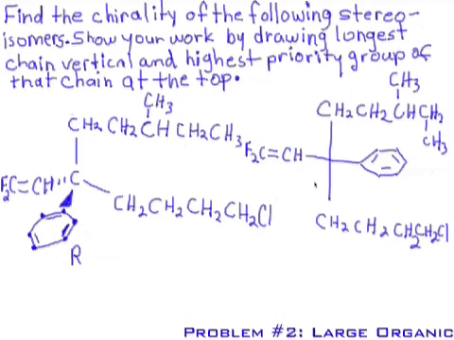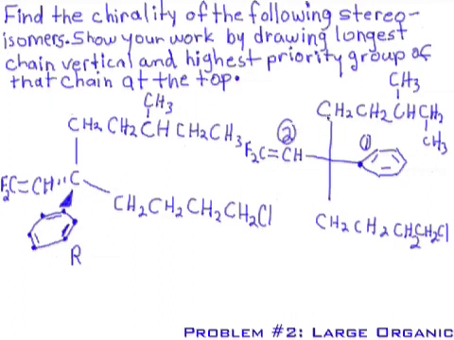And again, if you went through and prioritized, you'd find this carbon of the aromatic ring has a carbon, he has a carbon, he has another carbon, he has 3 carbons, he has an H, so the aromatic ring gets 1. This guy has 2 carbons attached to him, counting the double bond, these have 1, so he gets 2.